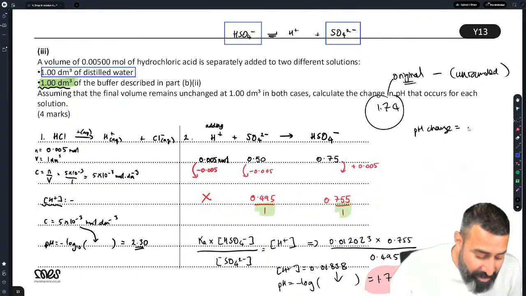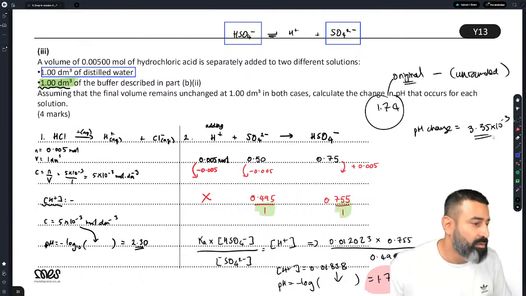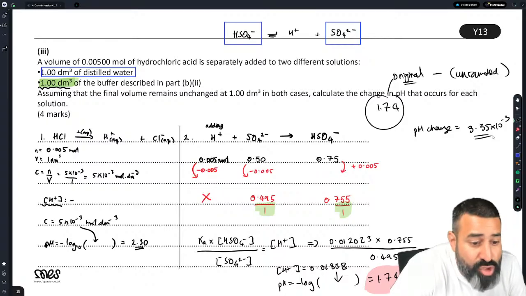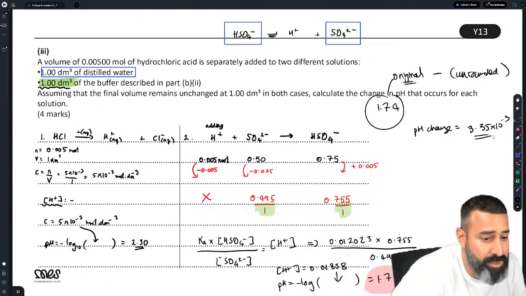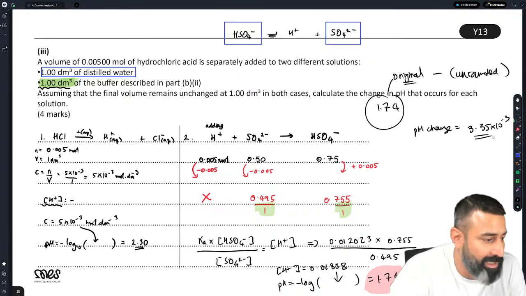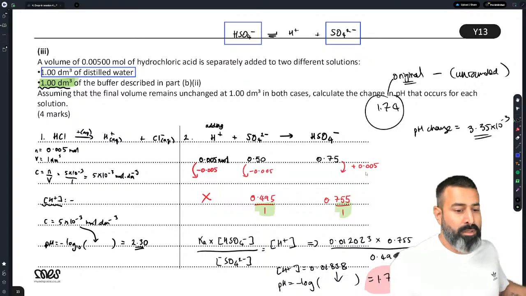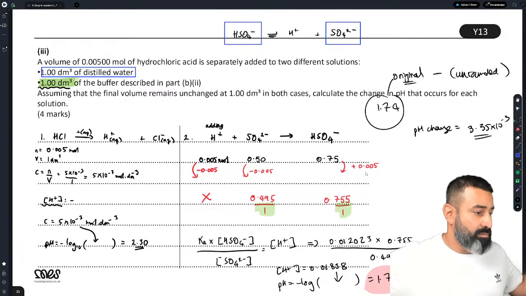So pH changes around 3.35 times 10 to the minus 3. It's so small, but put that in if you want. That is the pH change, but it is tiny. Okay, and that's it for 5 marks.